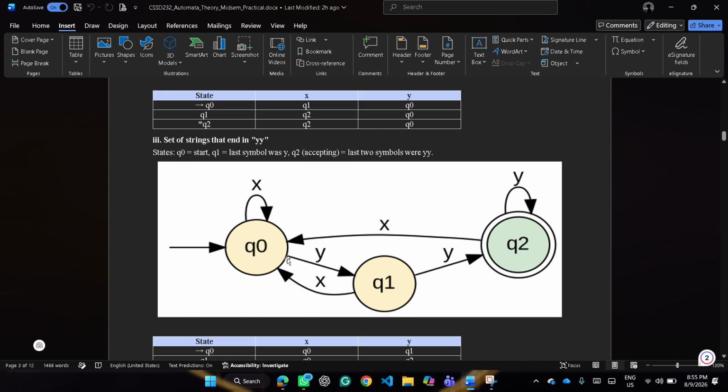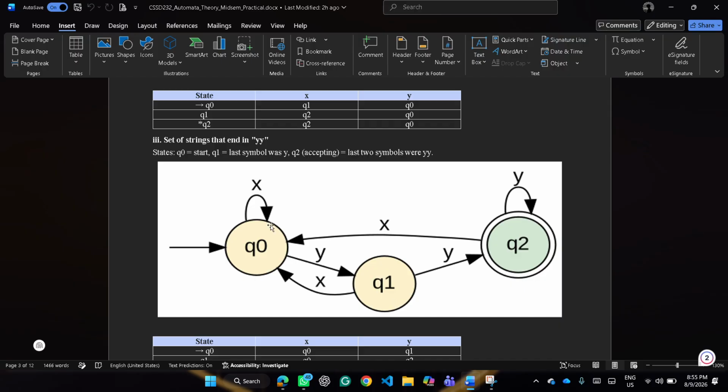And with this one, the last symbols it accepts are YY. If I'm at my start position, Q0, and I receive an input of Y, I transition from Q0 to Q1. And if I'm at Q1 and I receive an input of Y, I transition from Q1 to Q2.